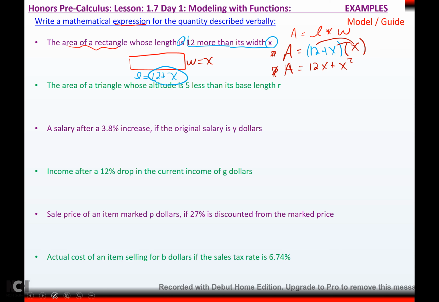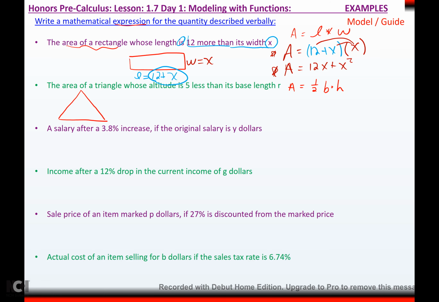Okay. Next, we have the area of a triangle whose altitude is 5 less than its base length r. So I'm going to draw me a quick triangle. Or I guess I should write our formula. Area of a triangle is 1/2 base times height. Okay, they also call the height the altitude.